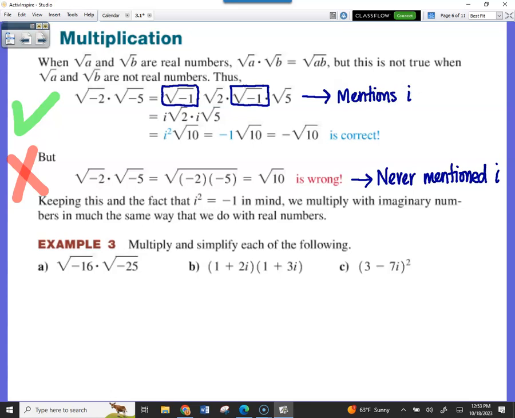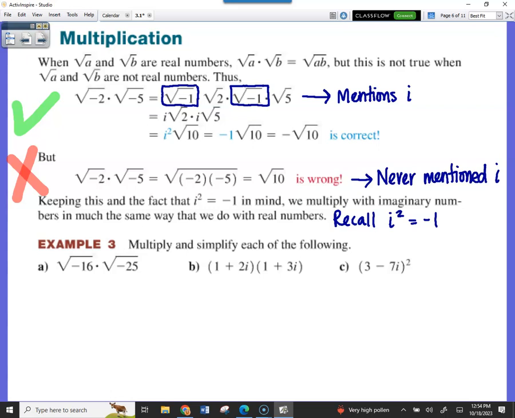Okay, so now let's multiply. Your multiplication rules are the exact same here. Nothing new. You just need to recall i squared is -1, because that is going to play a role. And that's why it worked in that first one. We have the square root of -16 times the square root of -25.